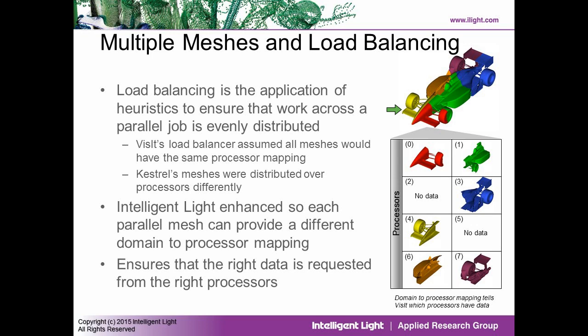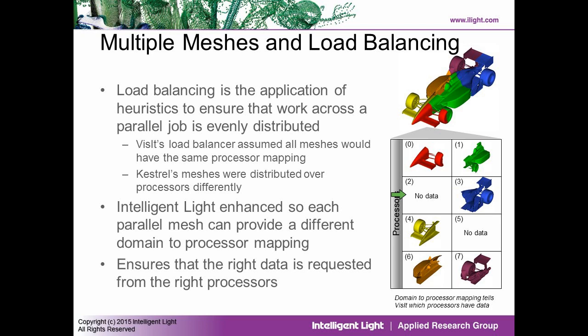Now, imagine that you had another mesh here on that same set of processors, but it had a different decomposition. So maybe these cells with no data move around a little bit. If you were assuming that they had the same grid to processor mapping, then you risk the problem where you ask for data on processors where they don't actually have any data.